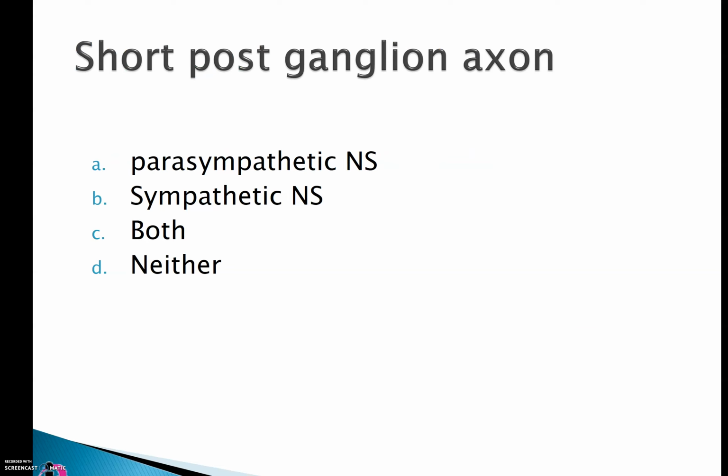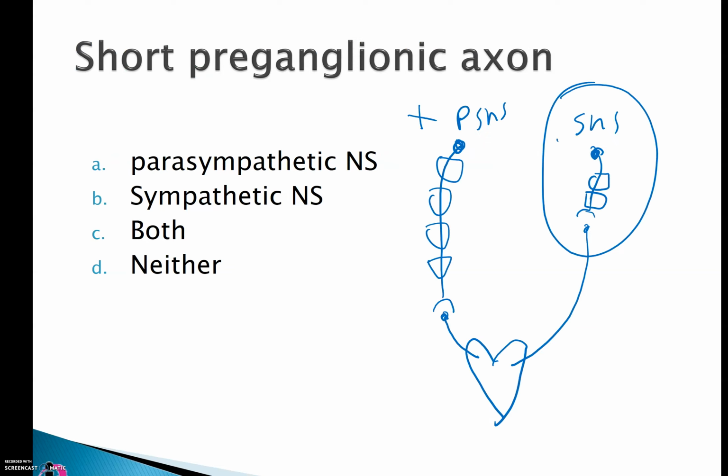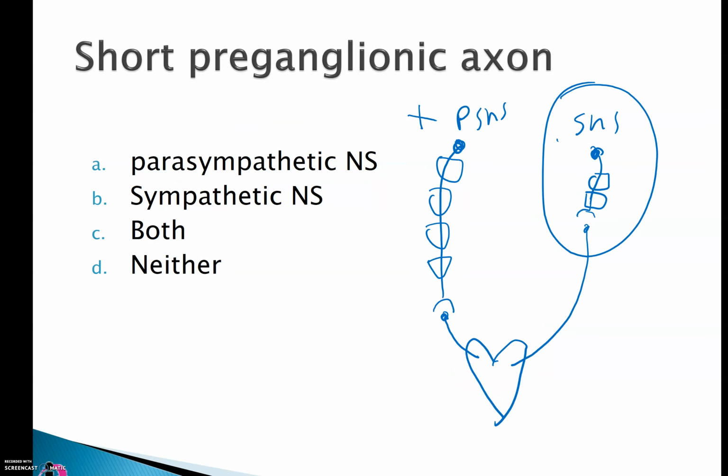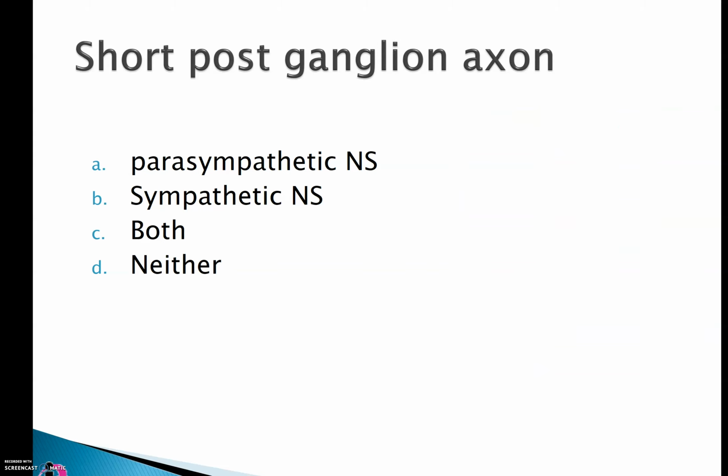So which one had the short postganglionic axon? Well, I don't want to redraw my picture, so let's go back. Here is our heart, parasympathetic nervous system, vagus, long preganglionic, short post. So it must be parasympathetic.